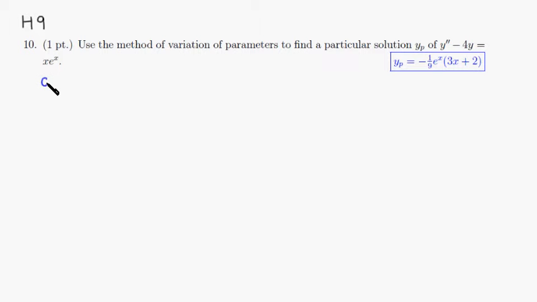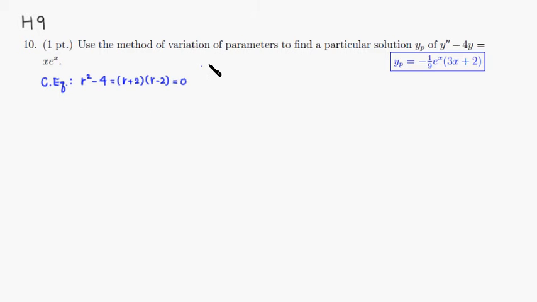The characteristic equation is going to be r squared minus 4, which can be factored as the quantity r plus 2 times the quantity r minus 2, equal to 0.